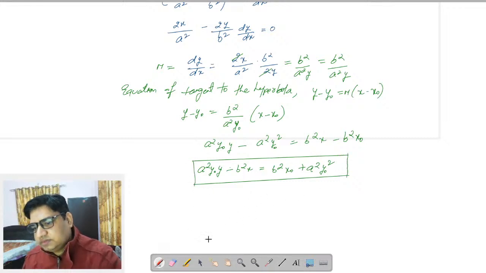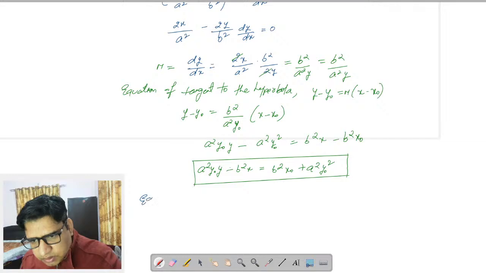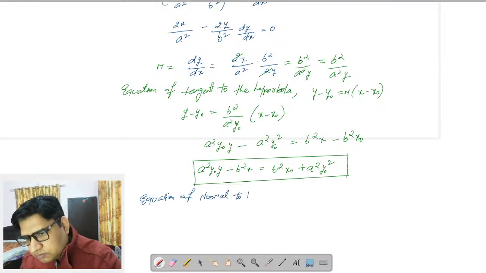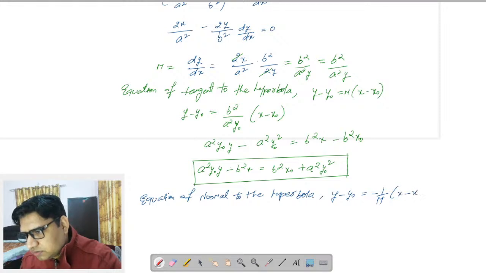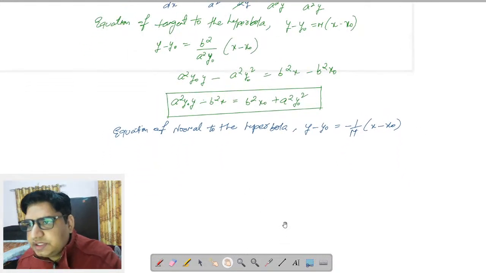Okay, so let's try to find the equation of the normal to the hyperbola. The equation of the normal will be y minus y naught is equal to minus 1 upon m times x minus x naught.